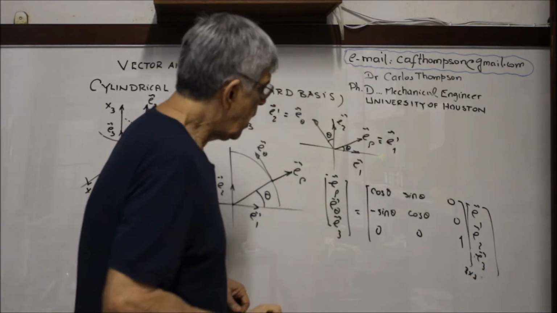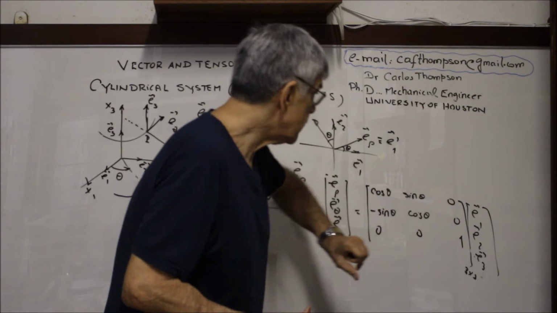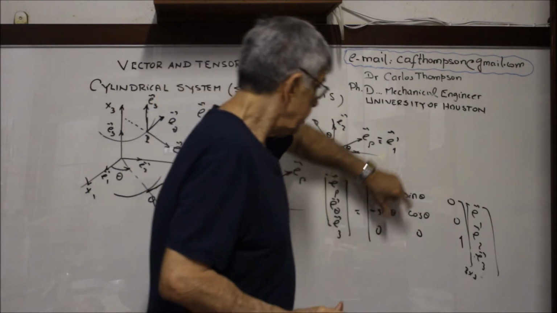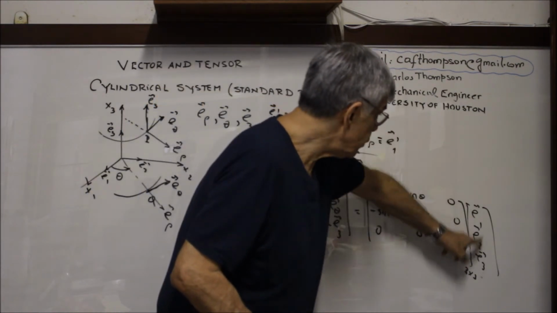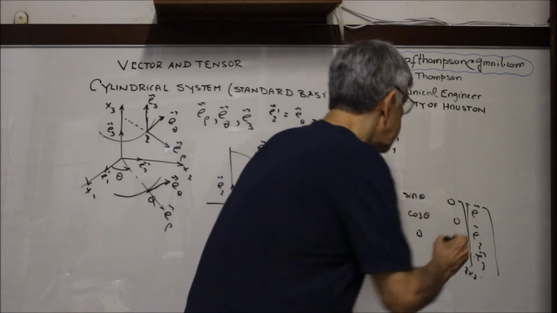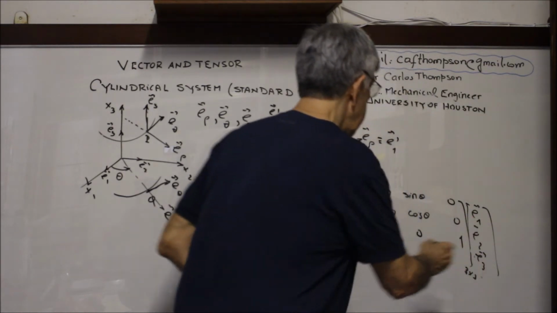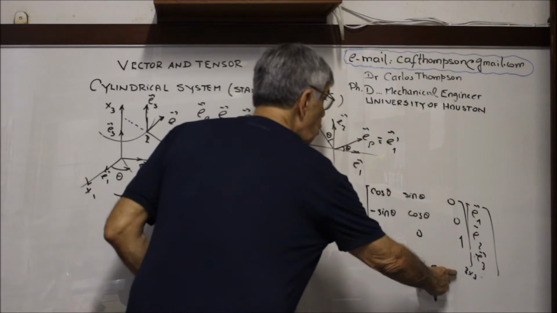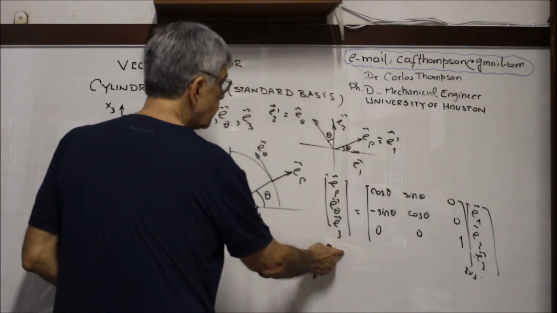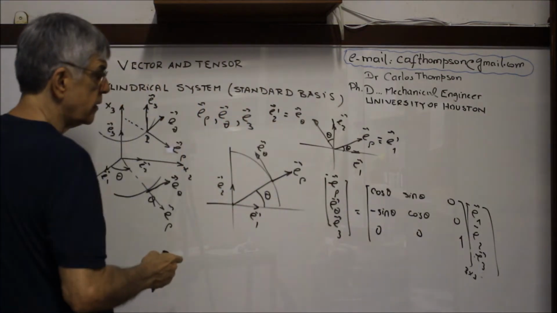That's a 3 by 3 matrix. What this matrix does is operate on the unit vectors of the Cartesian coordinates and transform them into the unit vectors in the cylindrical coordinate.